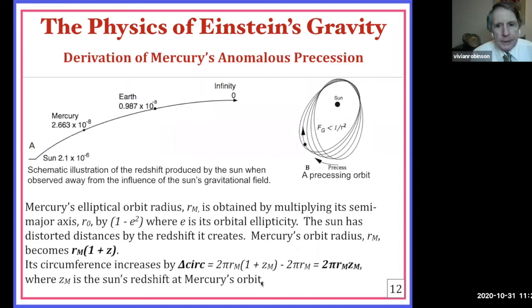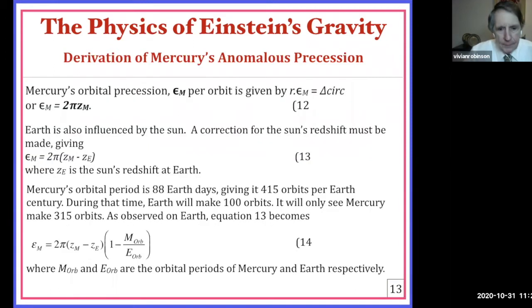So the precession is delta circle equals 2 pi Rm times 1 plus Zm minus 2 pi Rm, which is just 2 pi Rm times the redshift. Mercury's angular orbital precession, epsilon m per orbit, is given by r times radius times epsilon m equals delta circle, or epsilon m is just 2 pi times the Sun's redshift at its orbit.